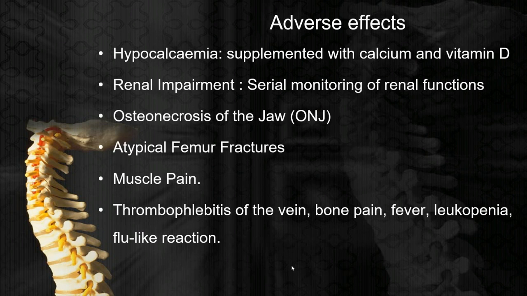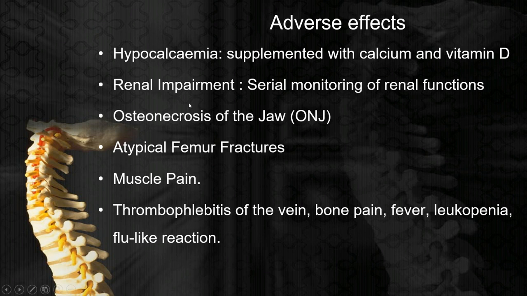Now coming to the adverse effects. The most important adverse effect is hypocalcemia, because of which bisphosphonates are almost always supplemented with calcium and vitamin D. Because their route of excretion is renal, they may cause renal impairment. For that reason, we usually do serial monitoring of renal functions.